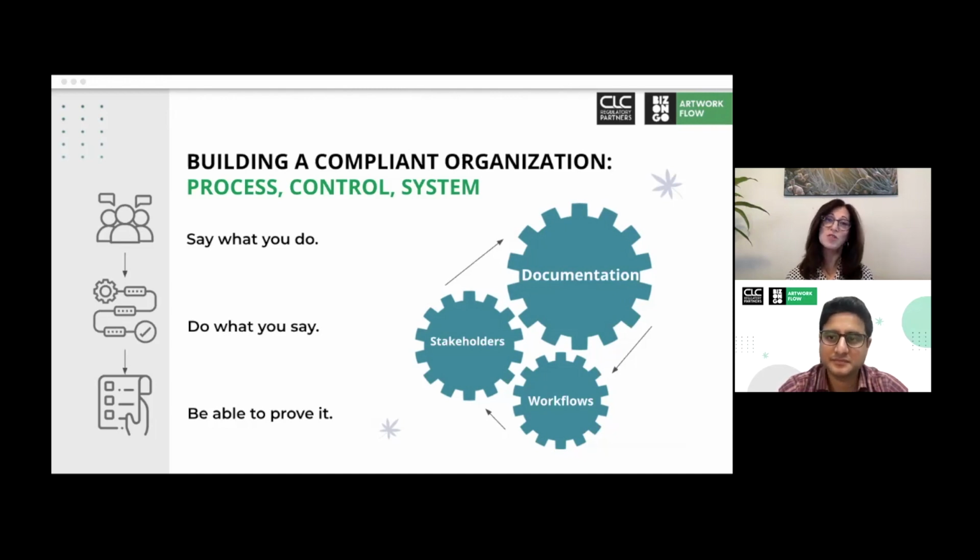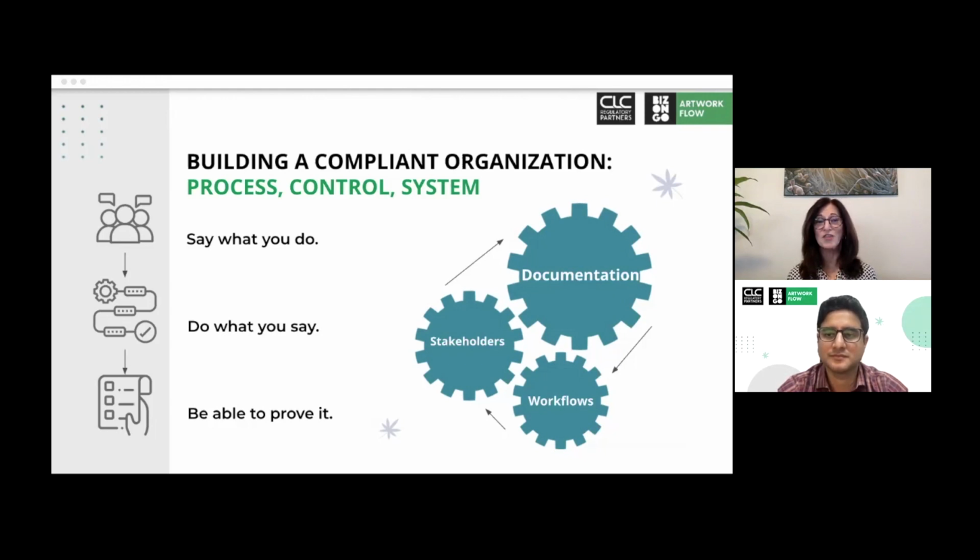Well, you create documentation, SOPs, checklists that explain what it is you're doing. Do what you say. Well, who is doing it, and what and how are they doing that? And then be able to prove it. Well, you need some kind of system to be able to prove it. So, those are the elements. And again, these exist throughout an organization in various departments.